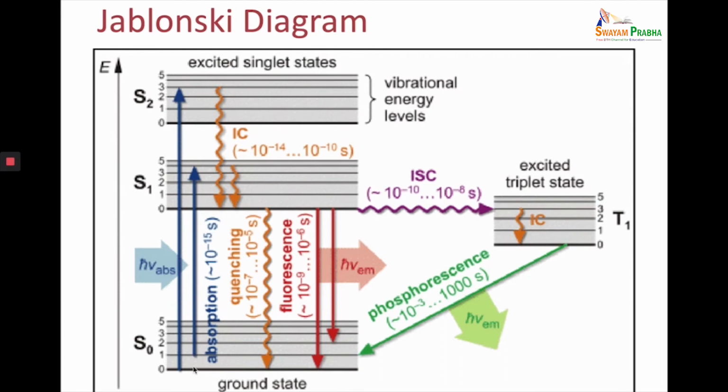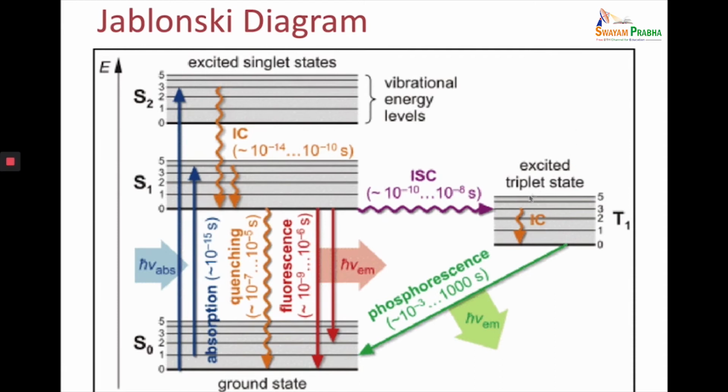The electron on absorbing energy may jump from S0 to S1 to S2 or so on, depending upon the energy of the light photon absorbed. For each singlet excited state, S1, S2, S3, there is a corresponding triplet excited state, T1, T2, T3, and so on.